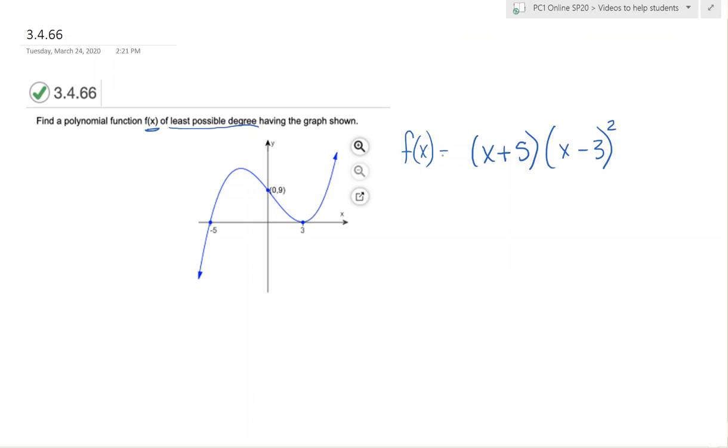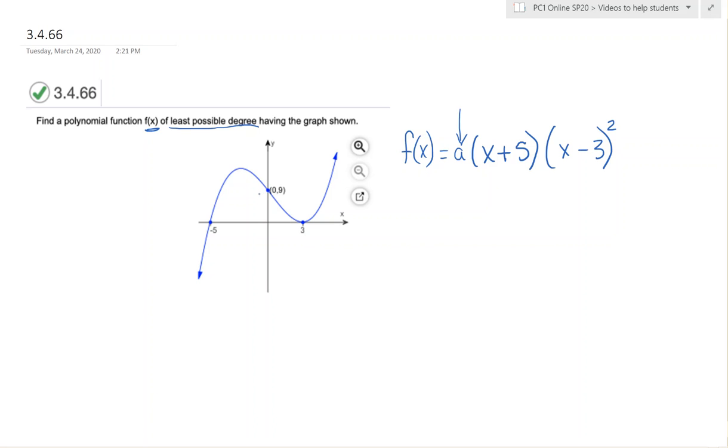f of x equals this thing with the zeros, but it does not mean that we know what the coefficient in front is. They've identified this 0, 9 for you, so you can use that in the parts that you have so far to figure out what that coefficient is. What does that coefficient in front do?